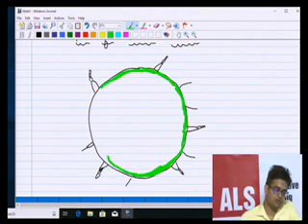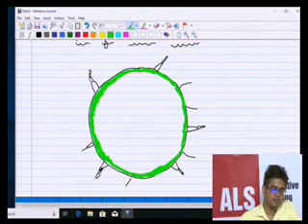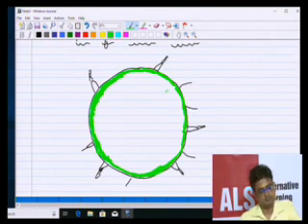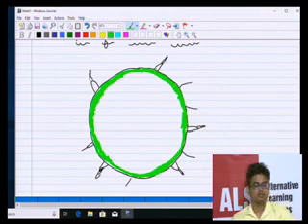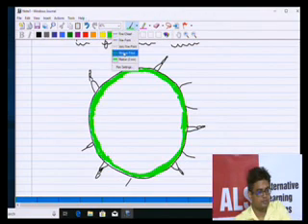Collenchyma is a part of green leafy stems. Like this. This is the collenchyma. So you can label it also side by side.